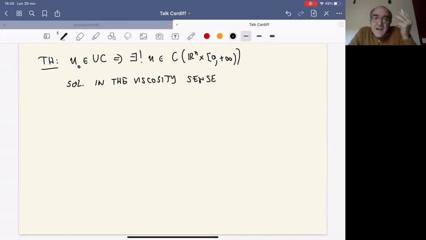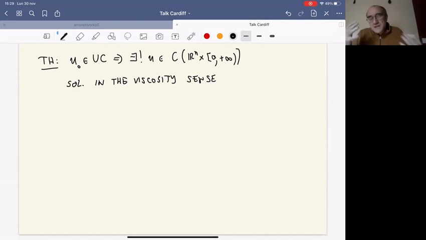Now, of course, here I should say, what does it mean to be a solution in the viscosity sense? If u is regular, to be a solution means it satisfies the equation pointwise. If u is not regular, as usual, I don't want to enter this viscosity theory, you have to take some smooth test function above or below, use the fact that the operator satisfies a comparison principle to pick up an inequality, and say that for each test function touching from above or below, a certain inequality is satisfied.